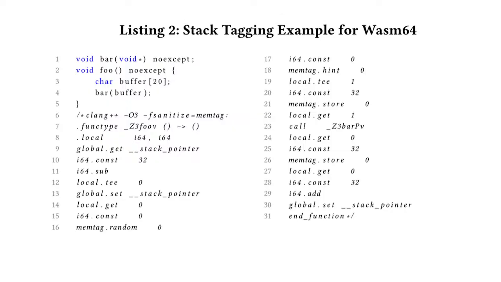Although the virtual machine is free to ignore the hint, and if it ignores it, the tag is just random. Then it will store the tag, and after we go outside the stack scope, it will clean the tag back to the original.